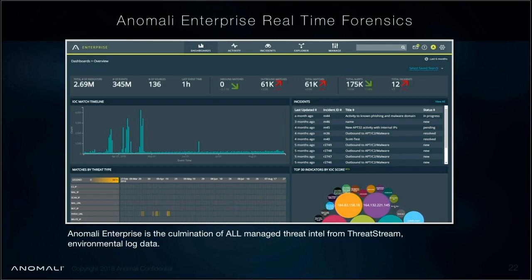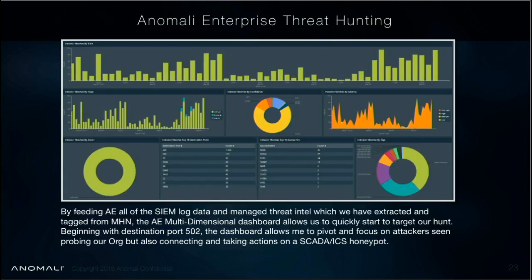So what we always like to do is start in the multi-dimensional dashboard. And not necessarily looking at attacks or the categorization of the attacks or the indicator itself, but my customer would start at the ports because, being in the energy sector, they were setting up honeypots to mimic SCADA devices because they're grid control, oil and gas, all kinds of things. 502 is a pretty typical port for SCADA controllers.